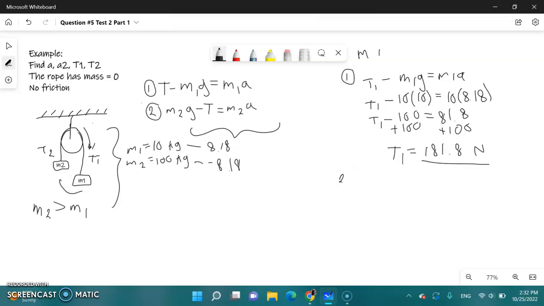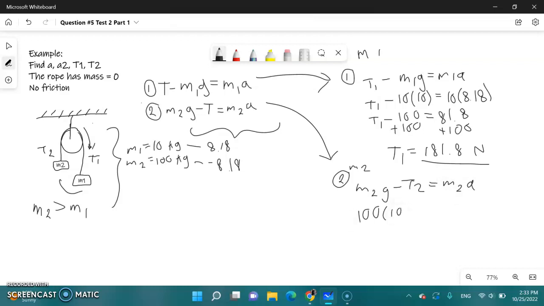And now let's do mass 2. The second object, we can find it with this equation that we put right here: M2G minus T2 equals M2A. And if we plug in these values again, we have 100 for the mass times 10 for gravity minus T2, because we don't know what that is yet, and then we'll have another 100, and this time the 8.18 once again.